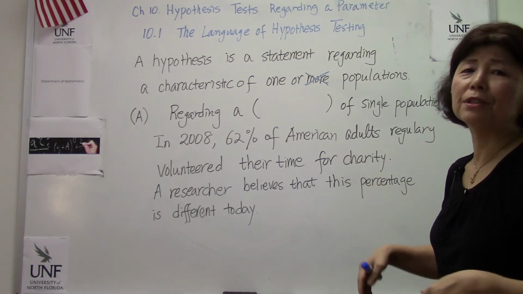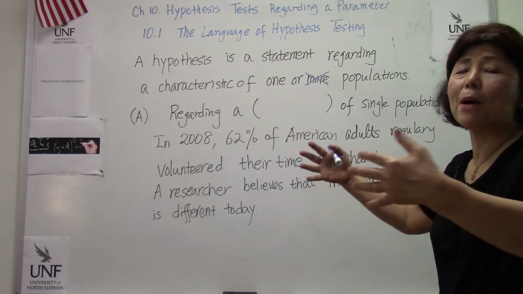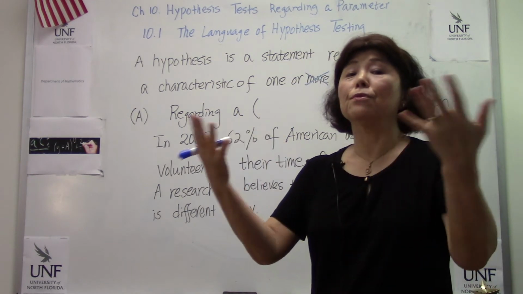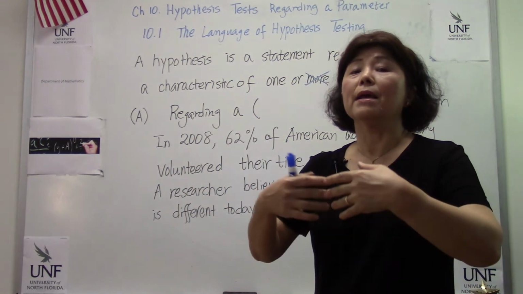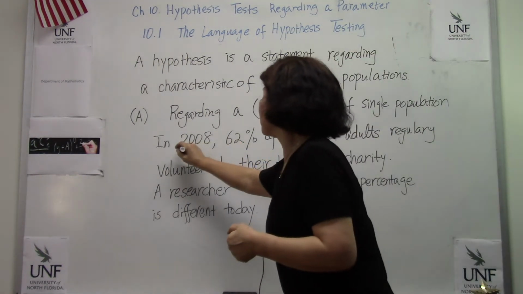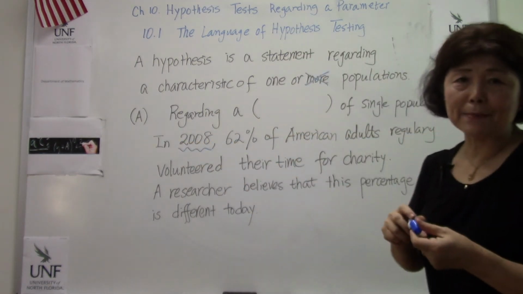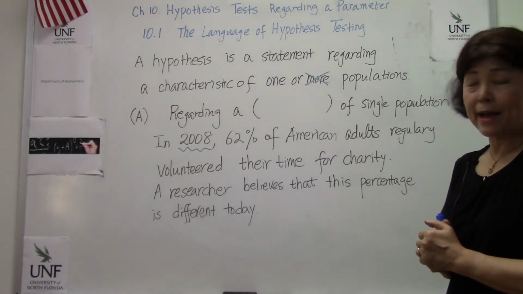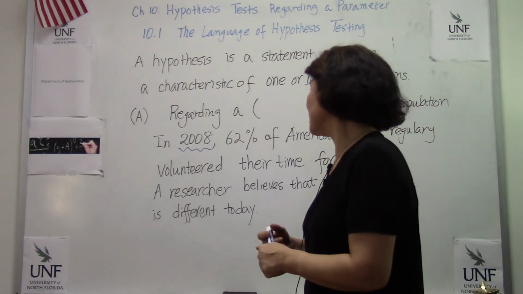Of course, they couldn't have access to the entire population of American adults. So what did they do? They took a sample and they generalized it. So this is 2008. It's important to see the timeline. Many years passed, at least 10 years.